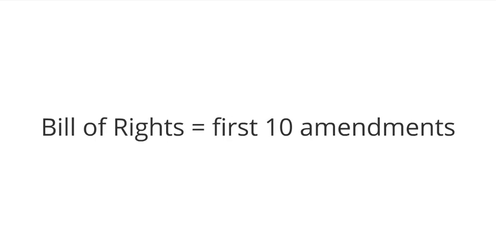So let's talk more about the first 10 amendments, which are collectively called the Bill of Rights. What you should remember here is that the Bill of Rights were a direct result of British occupation during the American Revolution.